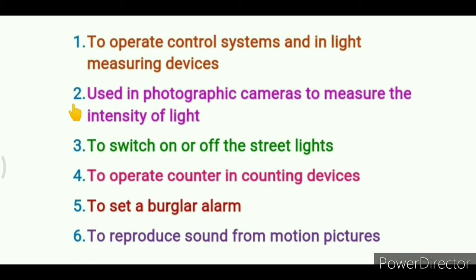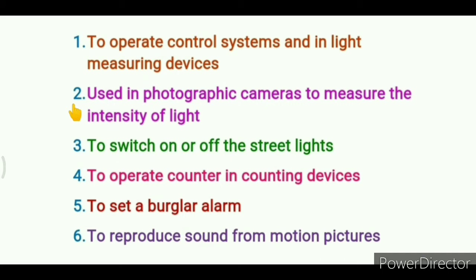The exposure meter is used along with the camera to know the correct time of exposure of film for having a good photograph. To have a good photograph, if the intensity of incident radiation is more, the exposure of film should be less. If the intensity of light is less, the exposure of film should be more.